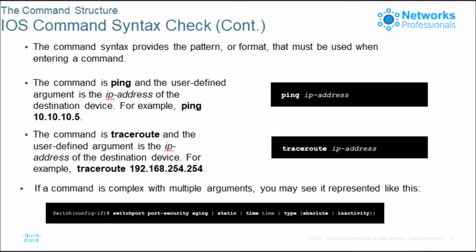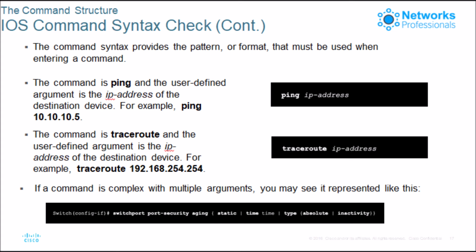The following examples demonstrate conventions used to document and use IOS commands. For example, if you use the command ping 10.10.10.5, in this command, ping is the command and the user-defined argument is the IP address of the destination device.